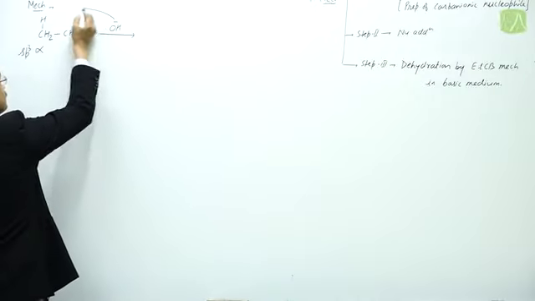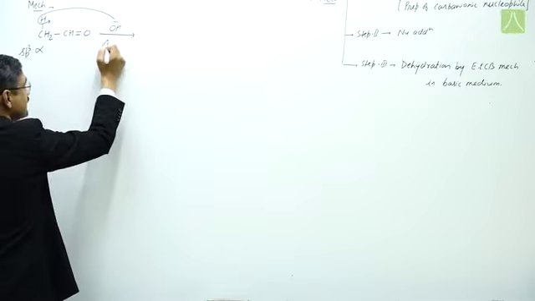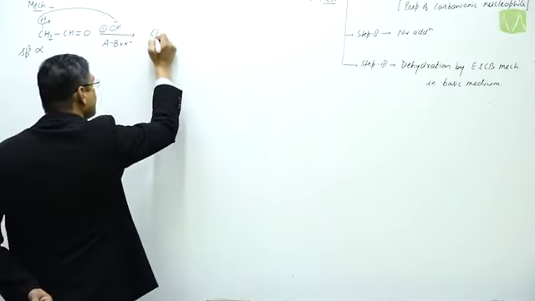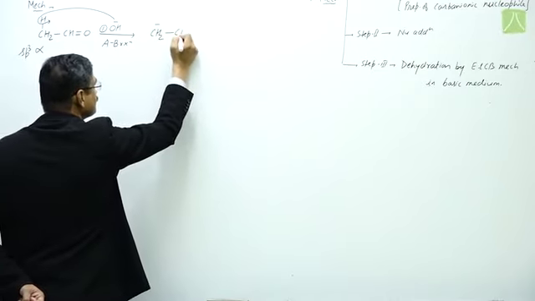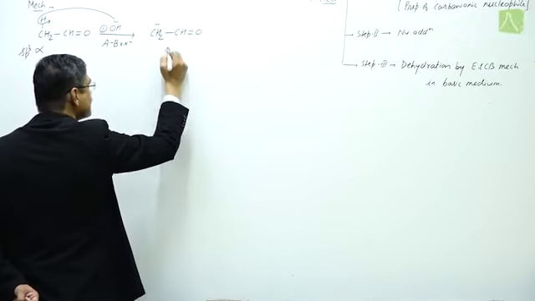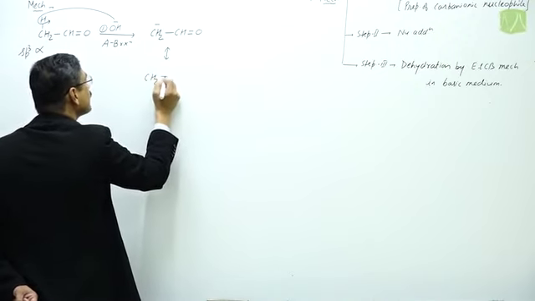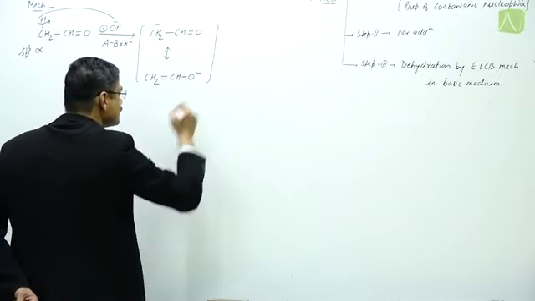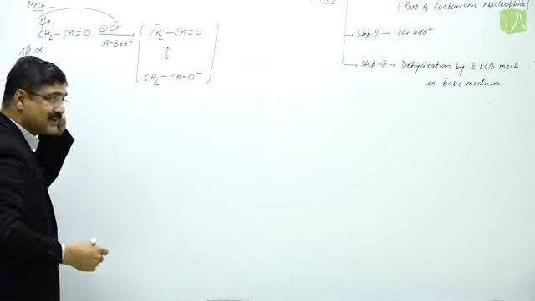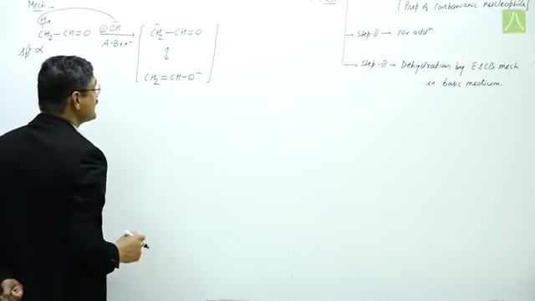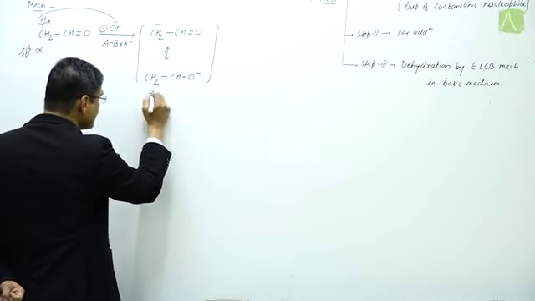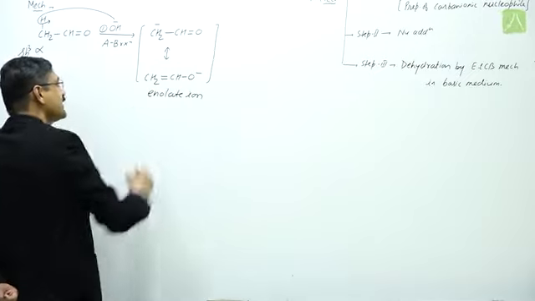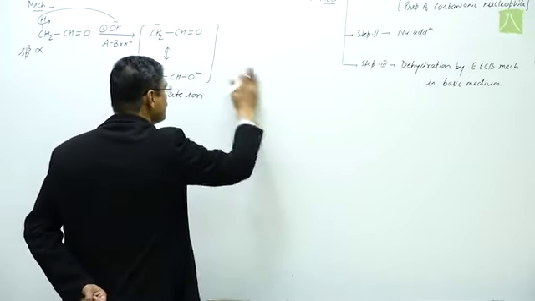So in the first step, acid base reaction takes place and a carbanion is obtained. This carbanion is resonance stabilized. So this intermediate is resonance stabilized, that's why alpha hydrogen is slightly acidic because of the stability of the conjugate base. It is known as enolate ion and this is known as carbanion. So this is the first step.